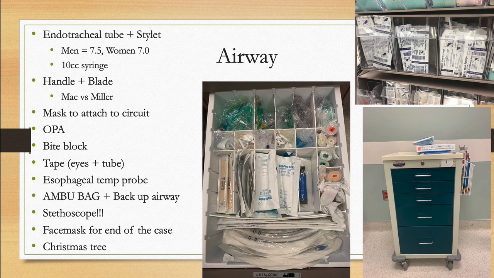These can be found in the 4th drawer starting from the top, along with the handles here, the blades underneath them of different sizes, the stylets sitting here, and then the different size ET tubes here. So oftentimes we use a 7.5 for men and a 7 for women just as a general guideline, but this can change depending on the size and height of the patient.